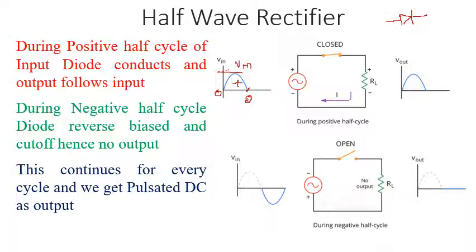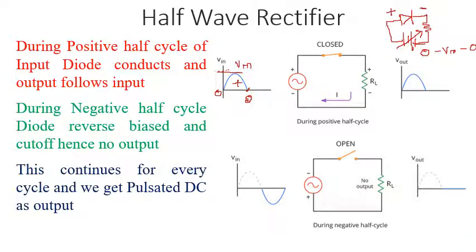Positive values are applied at this end and the negative end is grounded through the load. So this is how the connection will be. These positive values will vary from 0 to Vm and come back to 0.